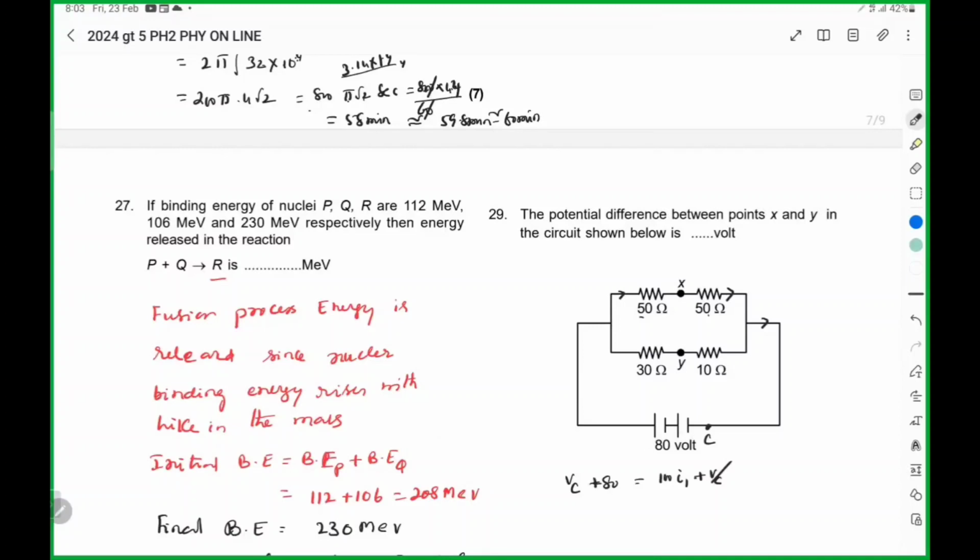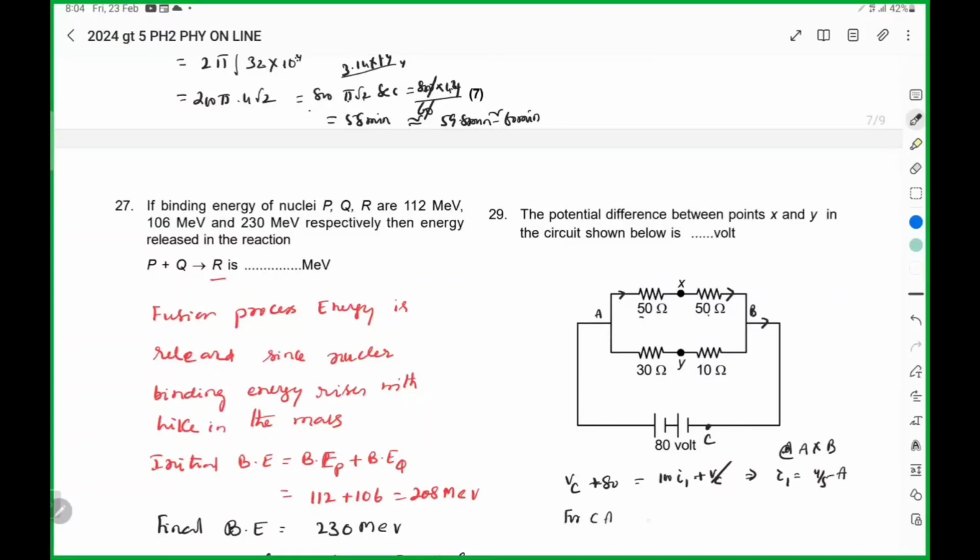VC plus 80. That is, let us take the path as AXB, CAXB path. So I1 here is 4 by 5 amperes.